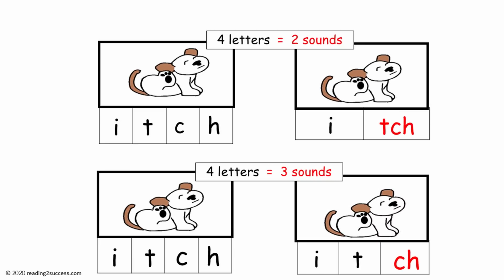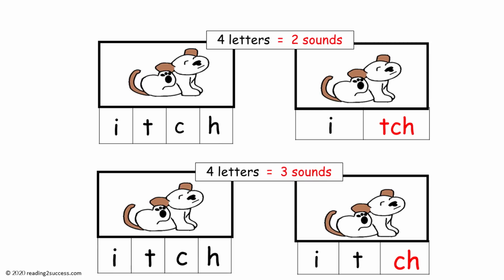We're going to look at our first word, itch. We used this word in an earlier video when we were teaching the digraph CH. So it had 4 letters and 3 sounds. Now kids are ready for the more advanced digraph with 3 letters, TCH.